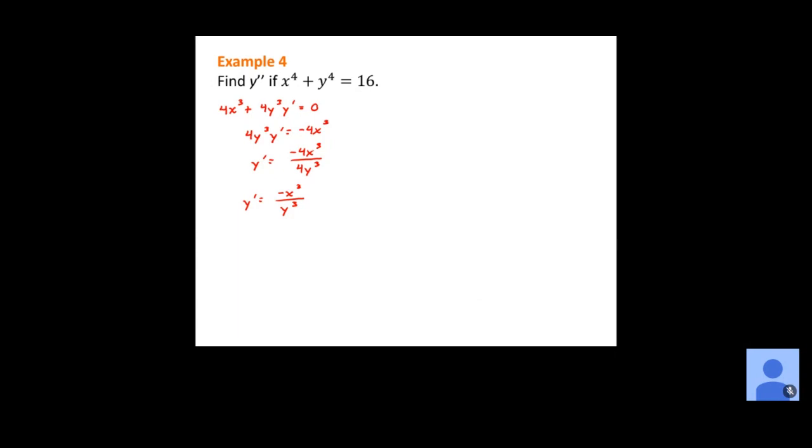It is a quotient. Good. There's nothing we can do to simplify this. You could technically move the y cubed up and make it a y to the negative 3, but then it just becomes a product rule, right? So it's kind of up to you which way you'd want to do it. Okay, but I'm just going to go with quotient rule here.